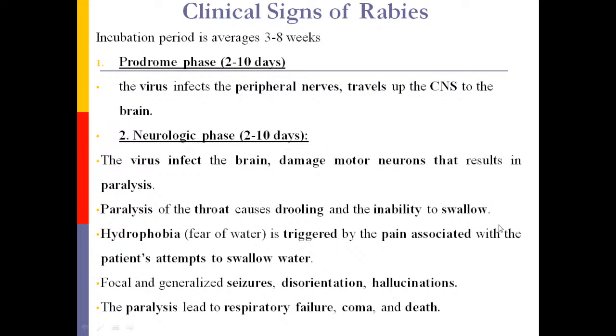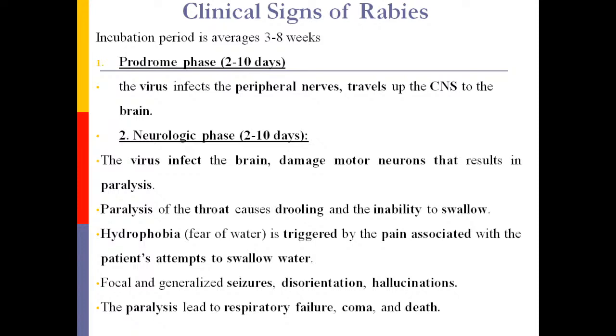There are 2 phases in rabies. The first one is the prodrome phase. It takes from 2 up to 10 days, when the virus infects peripheral nerves and travels up the central nervous system to the brain. Once more, it may be different, depending on the site of biting.